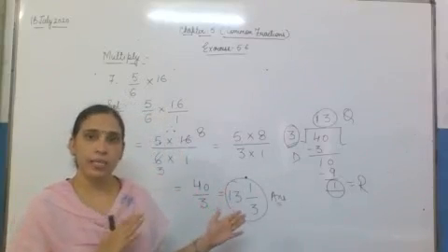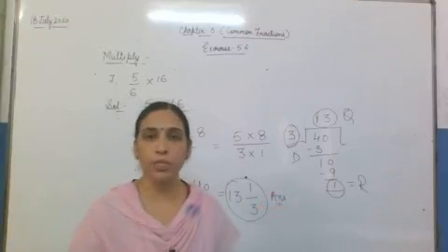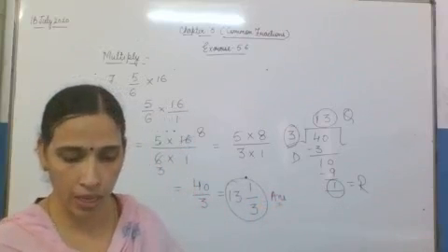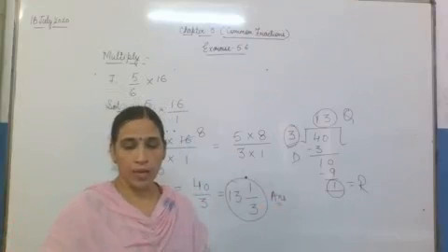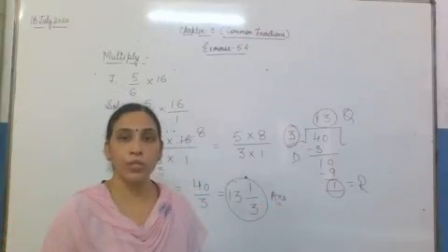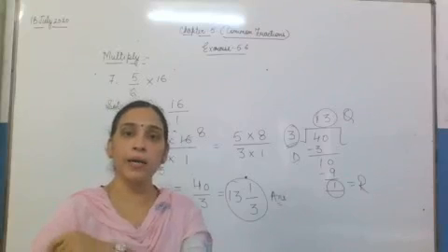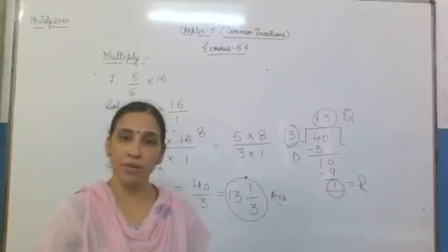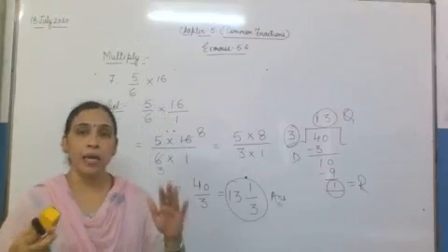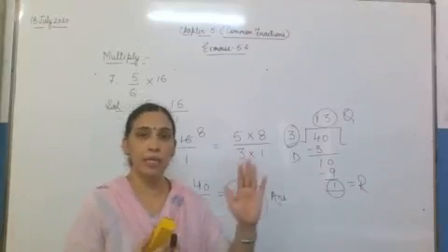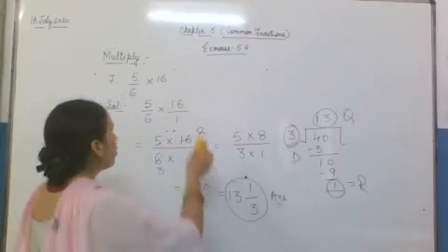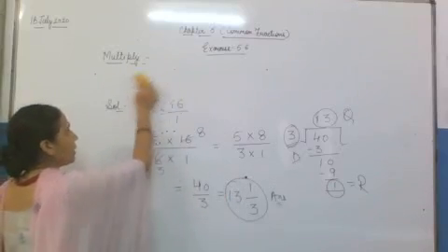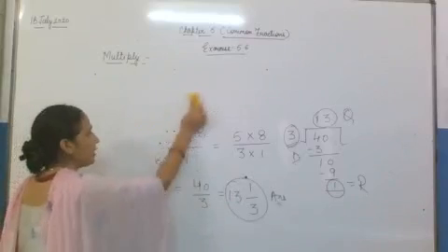So just like this multiplication question which we have done just now, again we will take the next question, question number 8, which is again an example of a proper fraction multiplied by a whole number. So let's see question number 8.